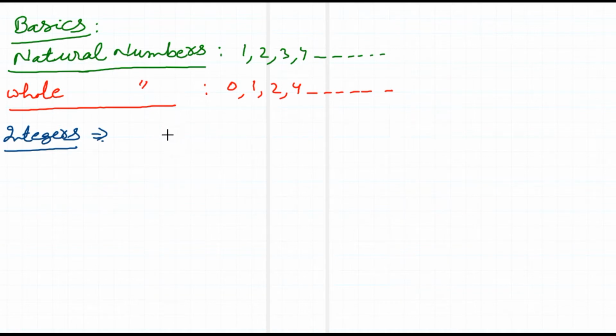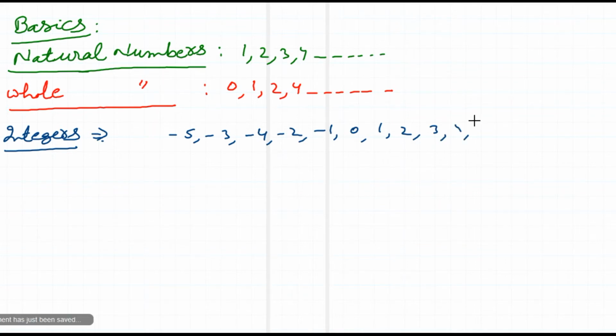If I write like this: -5, -4, -3, -2, -1, 0, 1, 2, 3, 4, 5 up to infinity, these positive and negative numbers are known as integers.